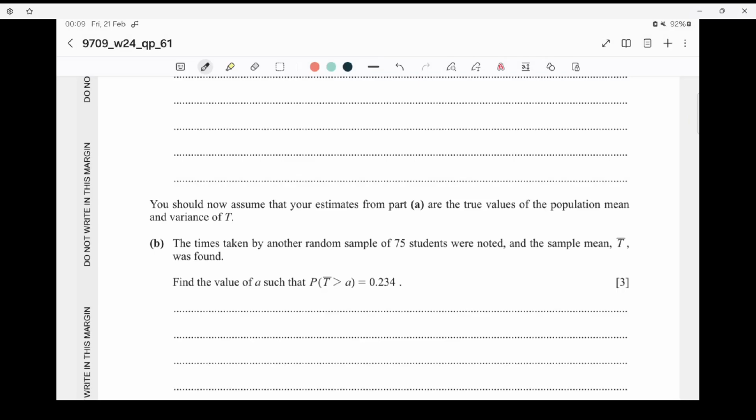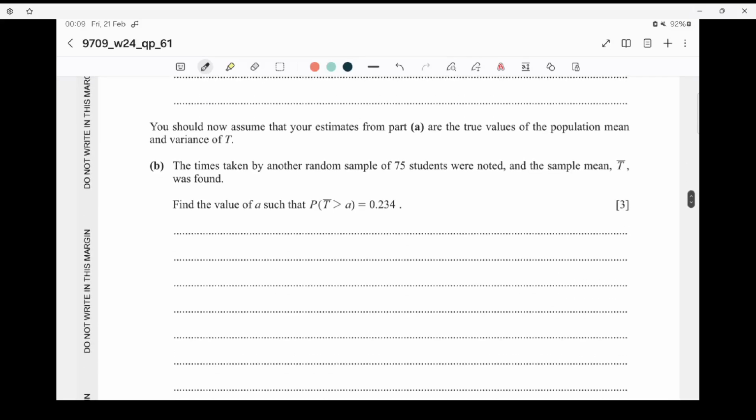Find the value of A such that the probability that the sample mean is greater than A is 0.234. Just write down the information first. So these two values are regarded as your population mean and population standard deviation.